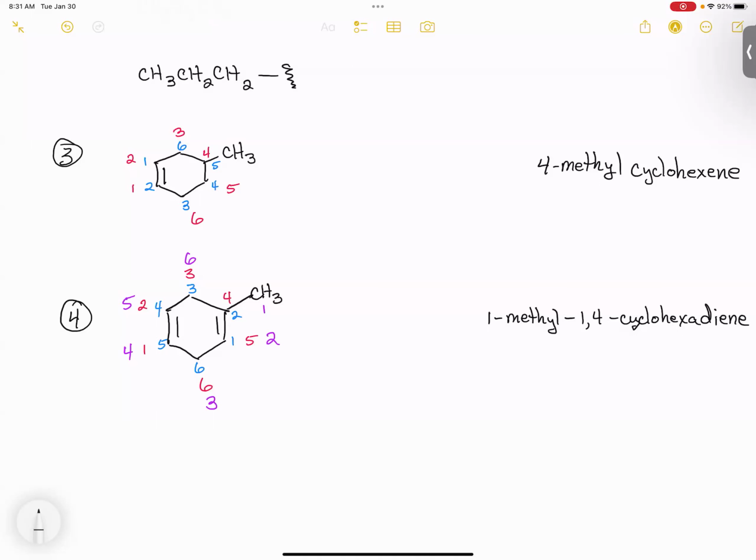We're used to labeling substituents from the previous chapter. The new piece is that I had to tell you there is a double bond on the first carbon in the cyclic ring and a double bond on the fourth carbon in the cyclic ring, and hence the word diene. Questions?